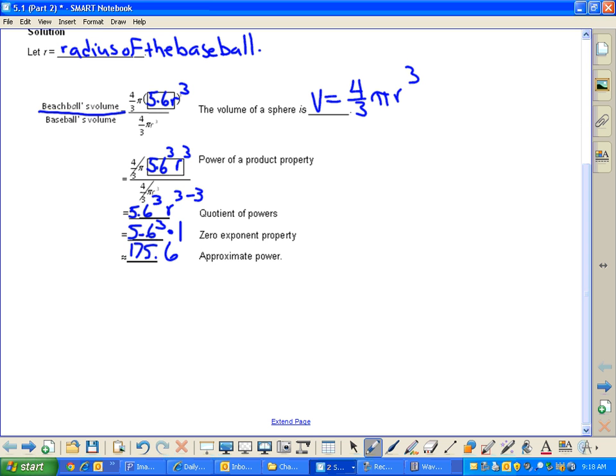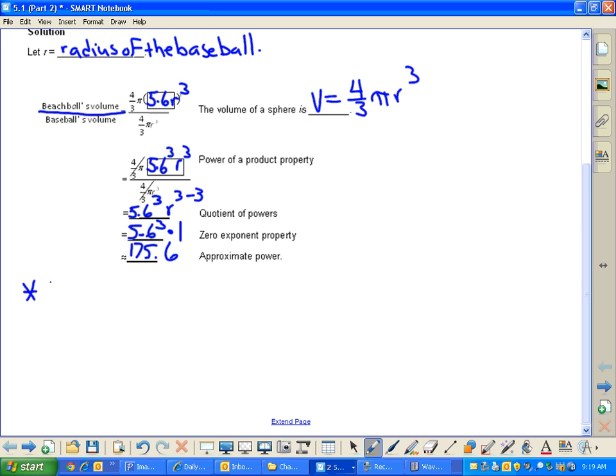Again, this is just a different way to do the problem. You could have canceled the r cubes too, but I wanted to show you that it just follows along with our properties of exponents as to why those r cubes go away. So it's just another application of our properties of exponents. We're not quite done yet though, because when we finish a word problem, you write your answer as a sentence.